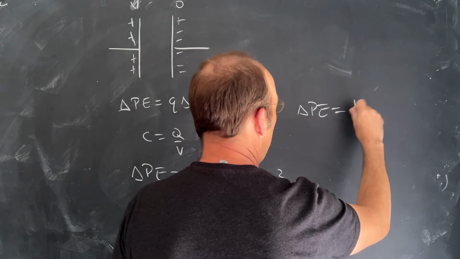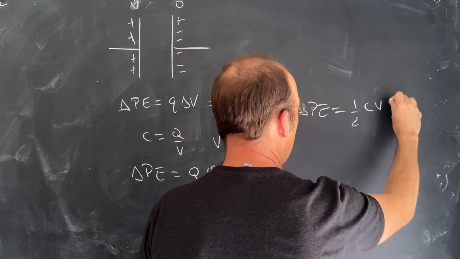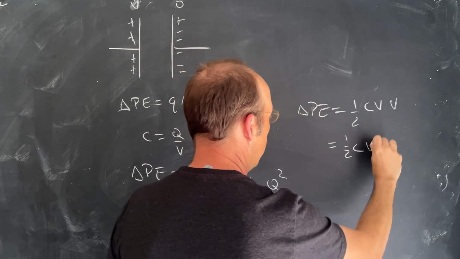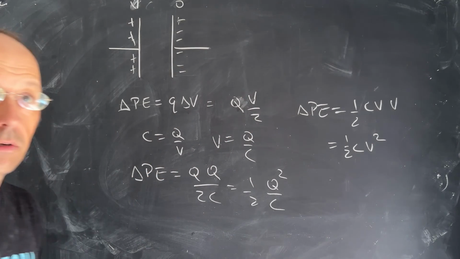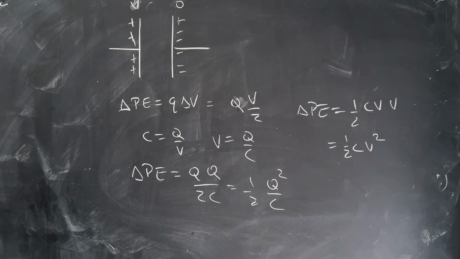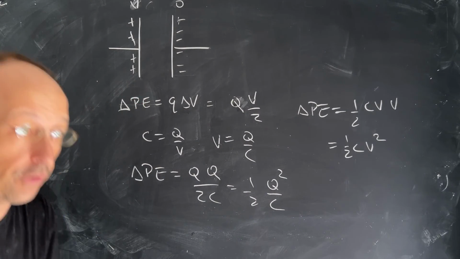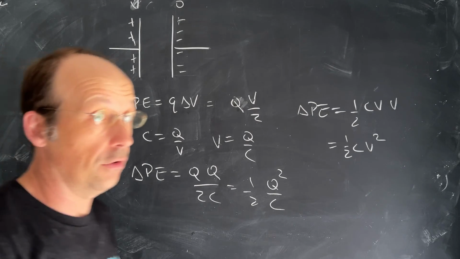So I get 1/2 CV times V. So that's 1/2 CV squared. Those are the two ways to find the energy stored in a capacitor. And like I said, it does become useful after a while. We can also use that to determine the energy density in the electric field, but we'll do that later. It's a very useful thing to do.